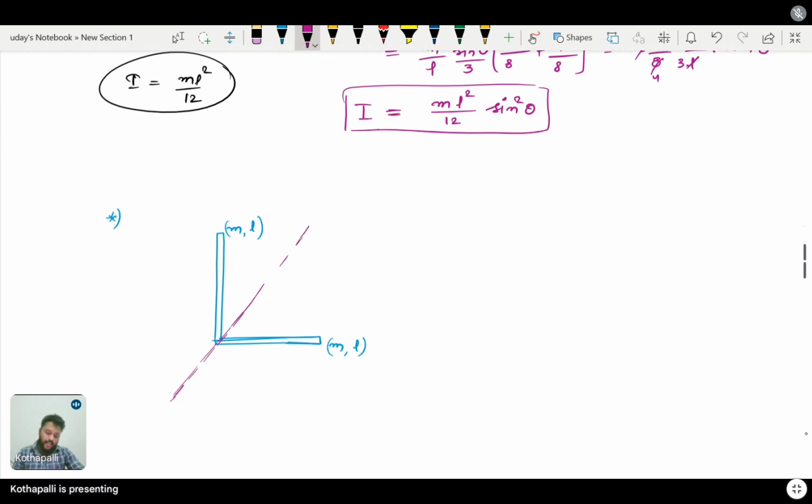Then what is the moment of inertia of the system about this axis? If it is rotating like this, what will be the moment of inertia of this system completely?